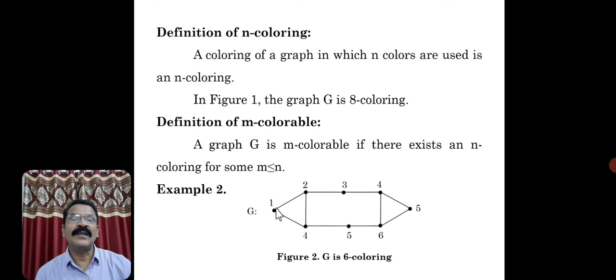And for this vertex, I cannot use the 5th color because these two are adjacent. Even I cannot use the 2nd color because these two are adjacent vertices. Even I cannot use the 1st color because these two are adjacent. But I can use the 4th color because adjacent vertices are having different colors.